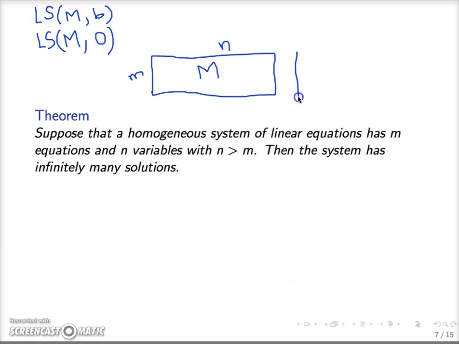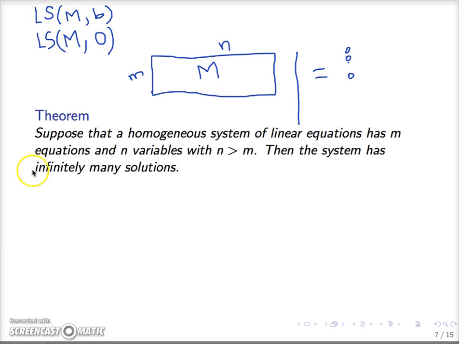This would be the vector containing all the solutions, the variables, and this system would be equal to the vector of constants, which in this case is a column vector made of zeros. This is the representation. The theorem is saying that when you have a matrix of coefficients that has many more columns than rows, then this system has infinitely many solutions.